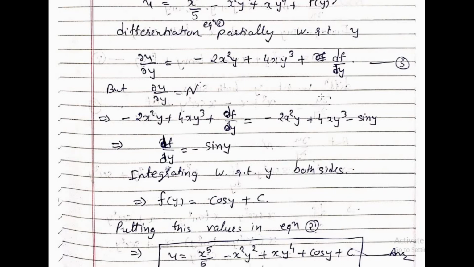So −2x²y cancels out, 4xy³ cancels out, and that will give you df/dy equal to −sin y. Integrating with respect to y on both sides will give you f(y) equal to cos y + c.